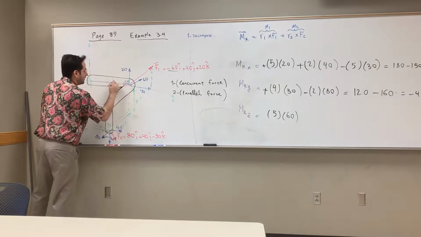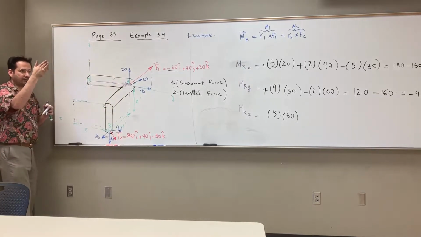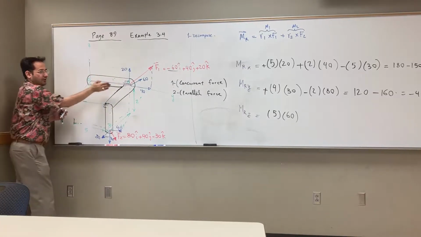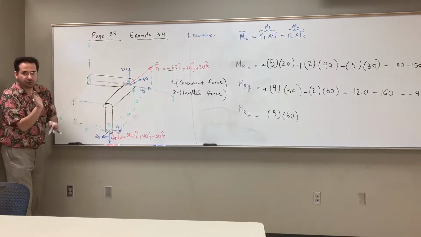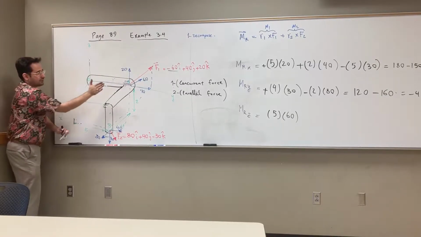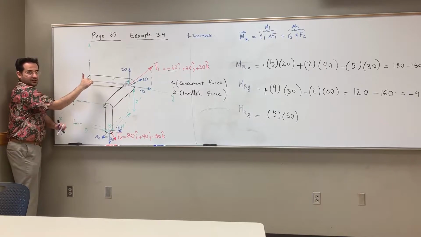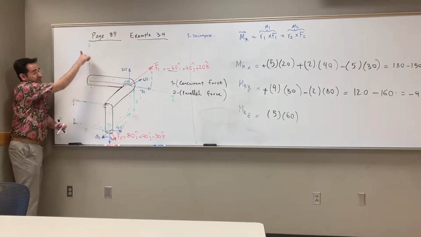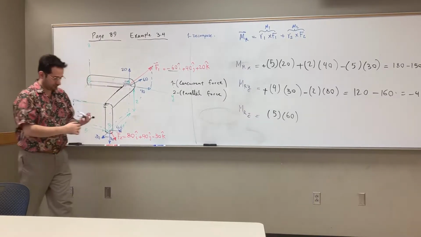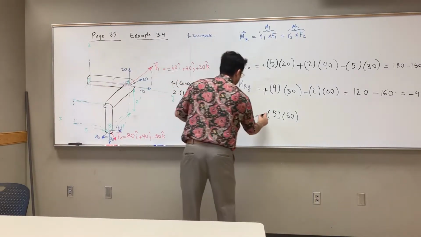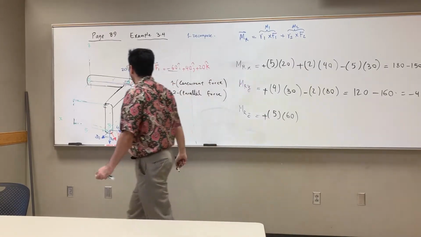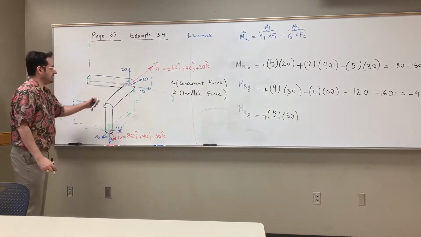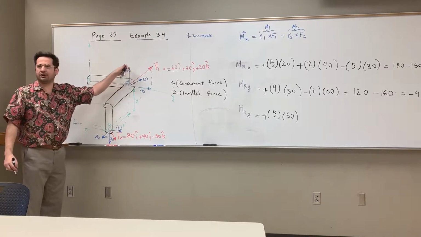So this is my R. So your finger of right hand goes through R. The palm would be showing force, and the thumb would be showing the directional moment. So what is it? Positive, right? Positive 5 times 60. This is parallel, this is concurrent, we got rid of all these things.